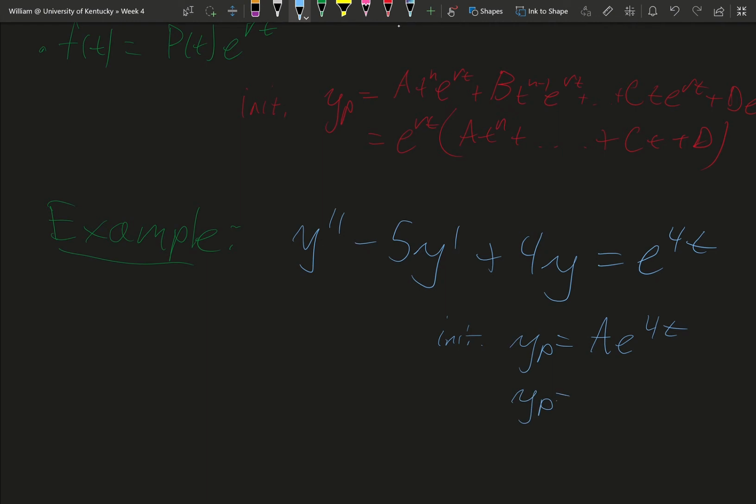So yp prime is 4a e to the 4t and yp double prime is 16a e to the 4t.